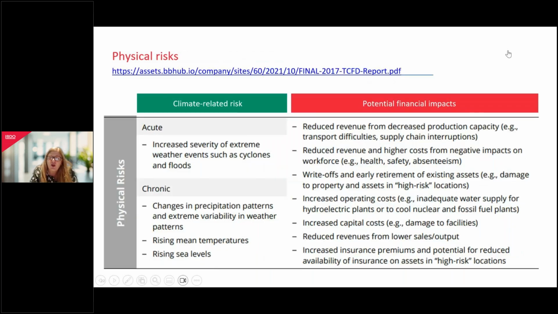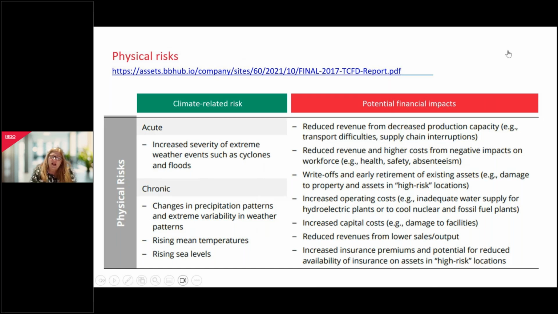So this is a copy of slides that we've used in the session where we talked about climate risks. But I think the link here is that an organization has to decide which metrics to measure and report. And you will only pick up metrics that are linked to the risks that you've identified in your climate risk assessment.